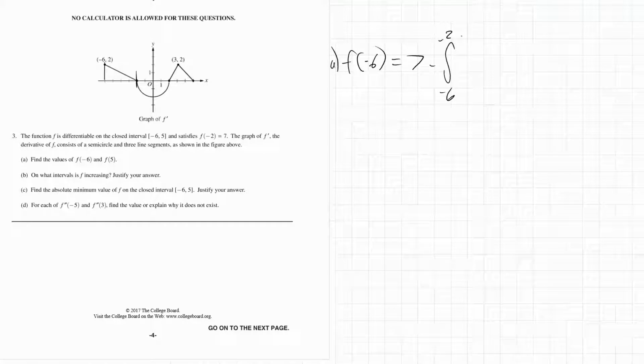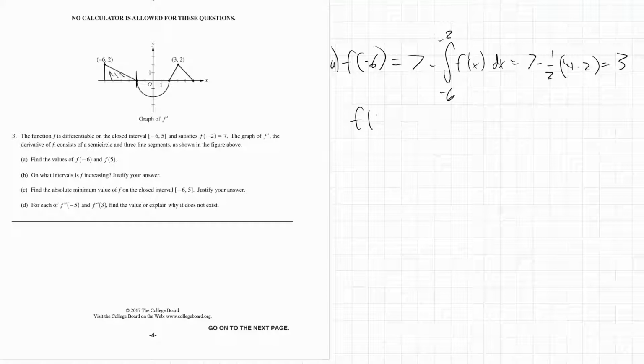We need to take this area in here, so f of negative 6 equals 7 minus the integral of f prime of x dx, which is 7 minus 1/2 times 4 times 2, which equals 3.